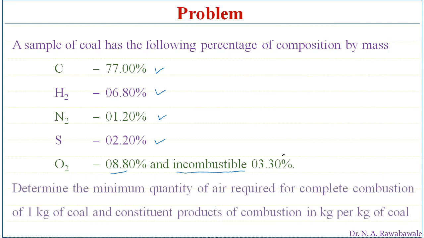It is asked to determine the minimum quantity of air required, that is, how much air is required for complete combustion of 1 kg of coal, and the constituent products of flue gas, that is, what the flue gas contains on a mass basis.